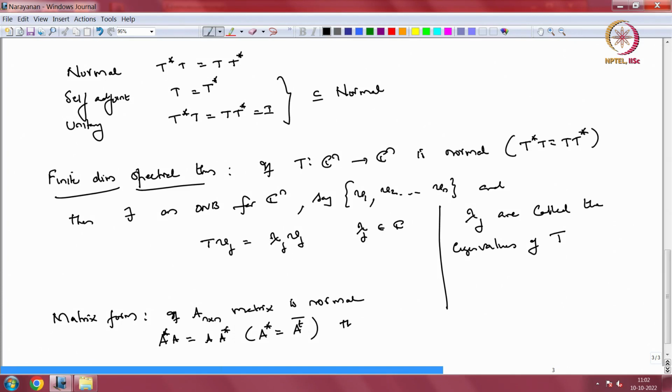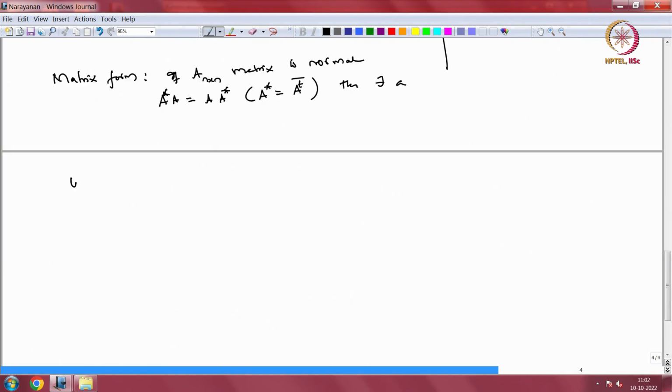Then there exists a unitary matrix U such that when you conjugate with U, that is U A U star equal to D, where D is a diagonal matrix.